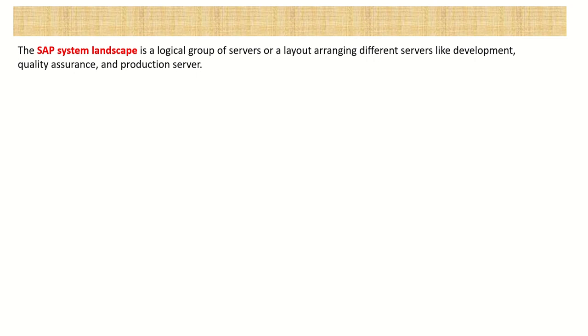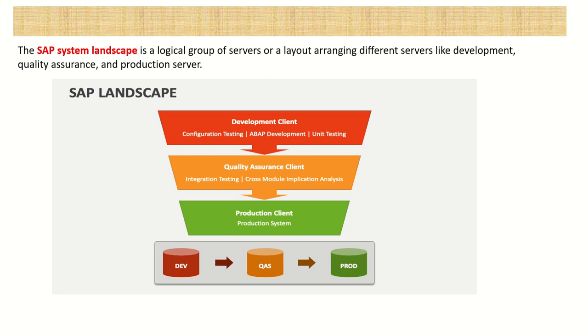So a typical landscape in any company has first a development system, then a quality system, and then a production system. So what is development?